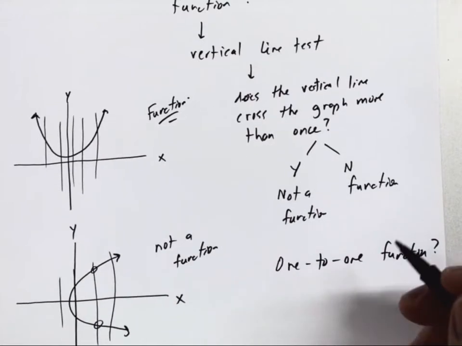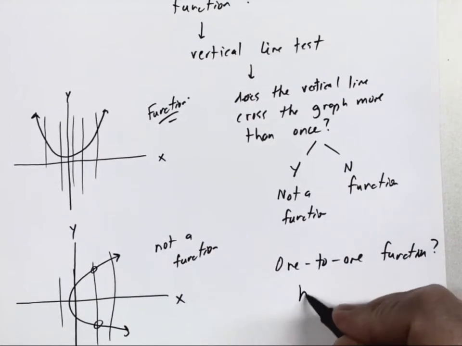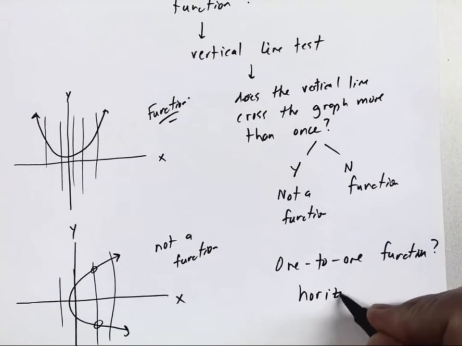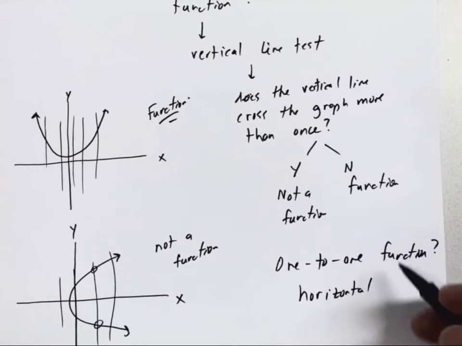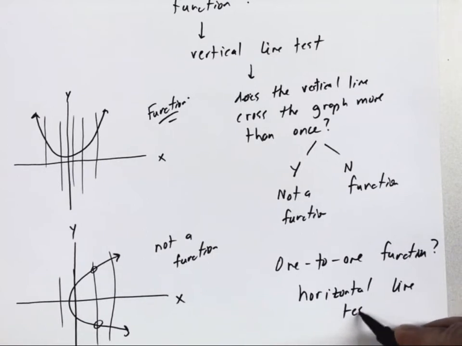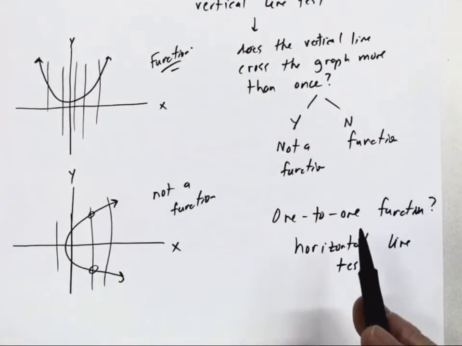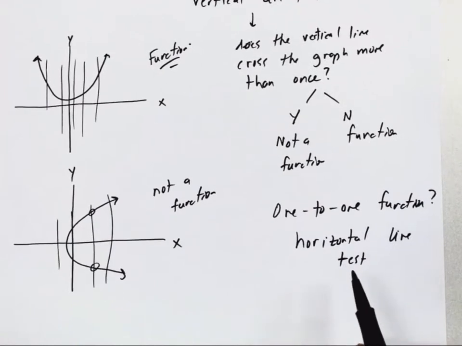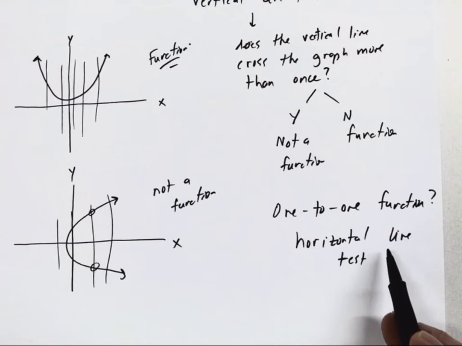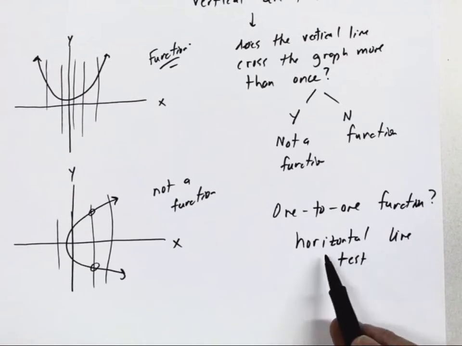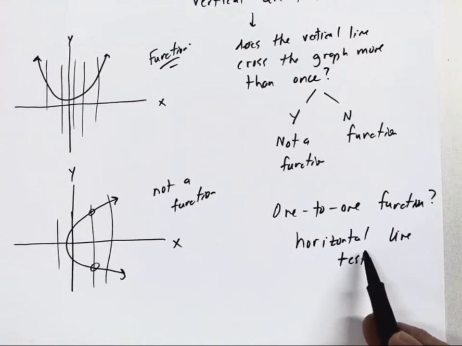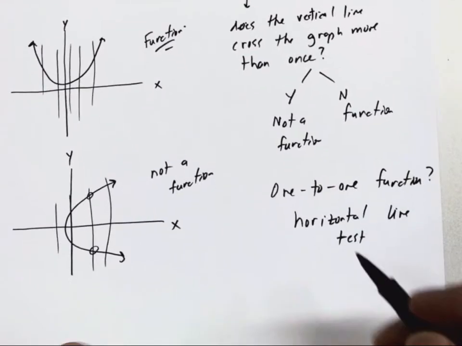To check for a function, vertical line test. To check for a one-to-one function, interestingly enough, you also then do the horizontal line test. And the same rules: if it crosses it more than once, then it's not a one-to-one function.